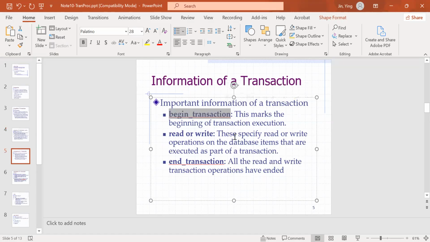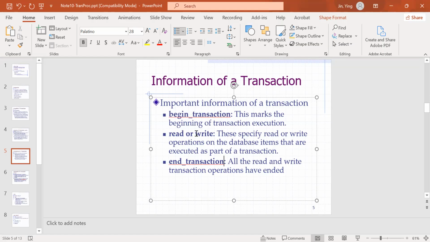Read retrieves an item from the database, and write modifies the data and writes it back to the disk. We also have the end of transaction, which means all the read-write operations ended successfully.